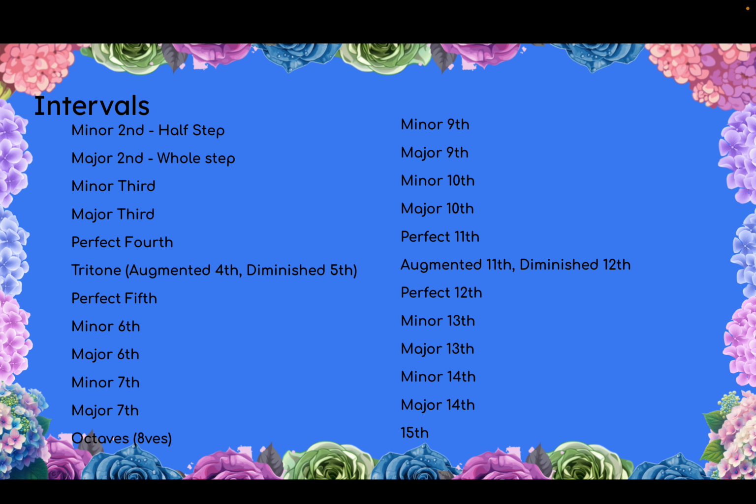You can do a minor second, a major second, a minor third, a major third, a perfect fourth, a tritone, a perfect fifth, a minor sixth, a major sixth, a minor seventh, a major seventh, and an octave. Sorry, I played that wrong. And then this is the second octave. All of these are the same intervals. You just add 7 onto it.